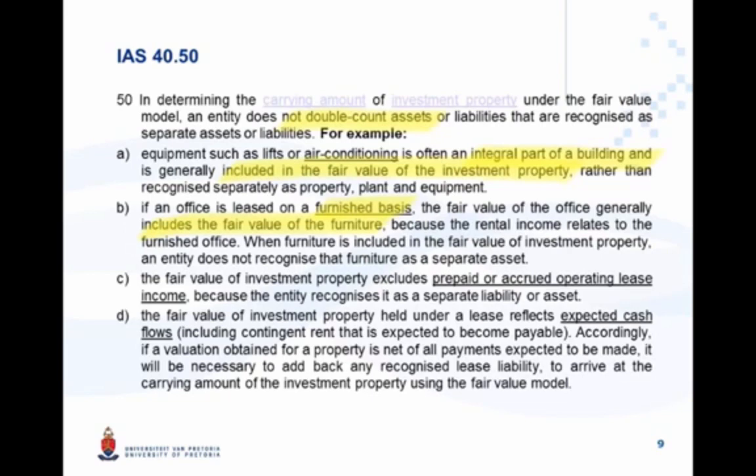When furniture is included in the fair value of the investment property, an entity does not recognize that furniture as a separate asset. The fair value of investment property excludes prepaid or accrued operating lease income because those items are usually recognized as separate assets or liabilities.